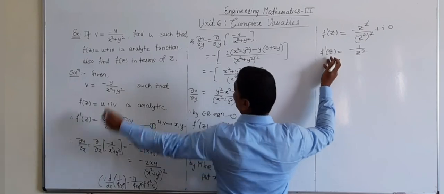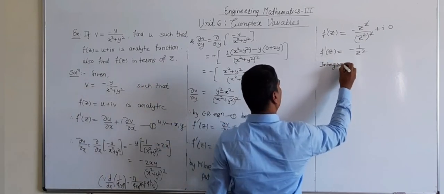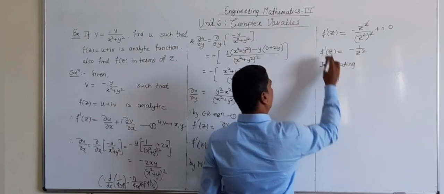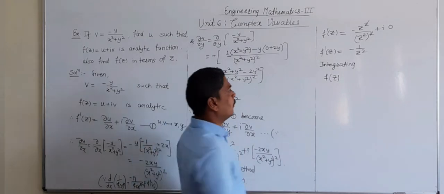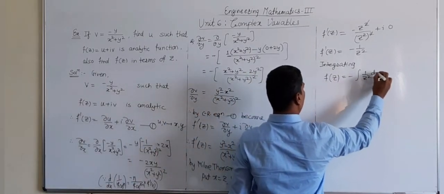Now our requirement is to find f of z. So integrating this, we get f of z. Derivative and integration will get cancelled, and this becomes minus of integration 1 upon z square dz.